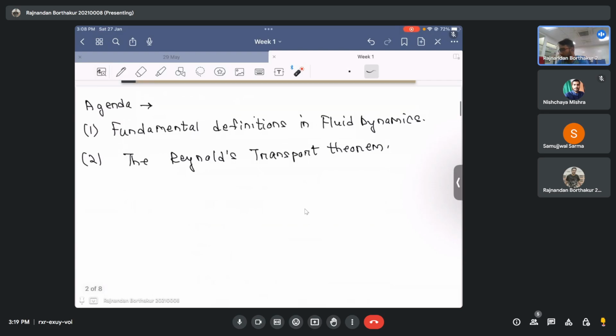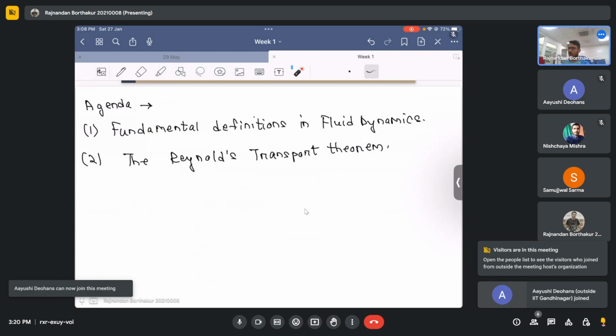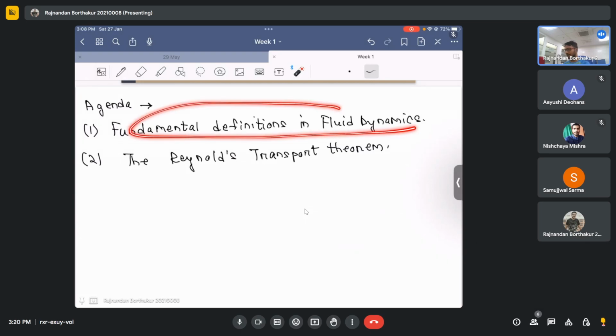So with this, let us get started in today's session. Our brief agenda is to discuss sums basically on two aspects. One, first we will revisit some fundamental definitions of fluid dynamics. I mean, revisit certain problems that are associated with these fundamental definitions involved in fluid dynamics, which I think you guys know.